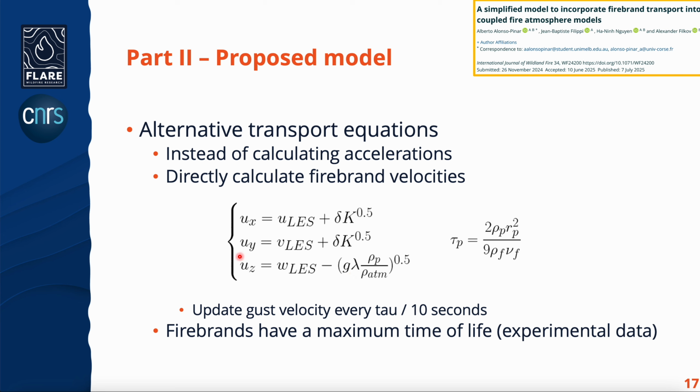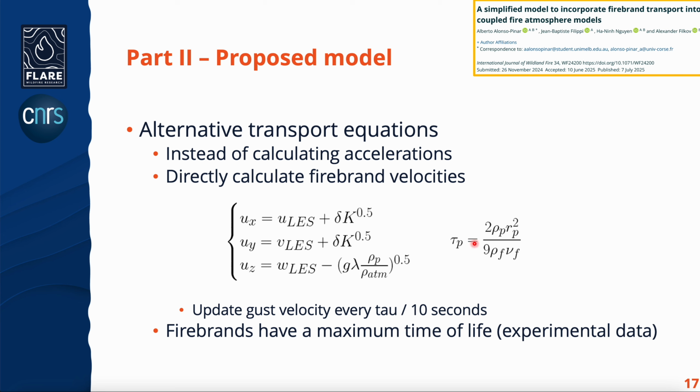And for the horizontal components, the horizontal velocity of the firebrand is going to be equal to the horizontal velocity of the wind flow field plus a turbulent contribution that is actually updated every tau over 10 seconds.